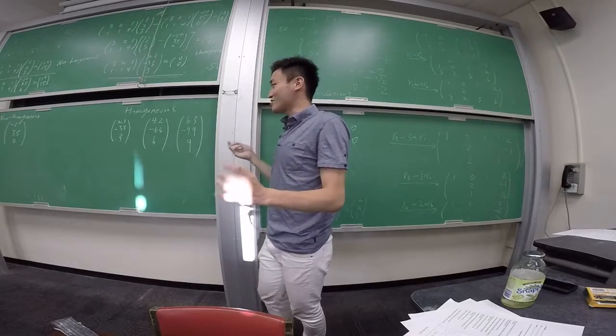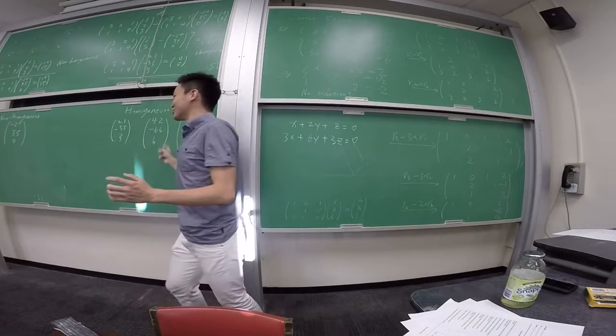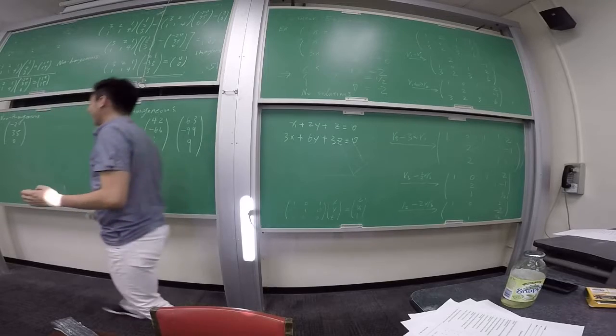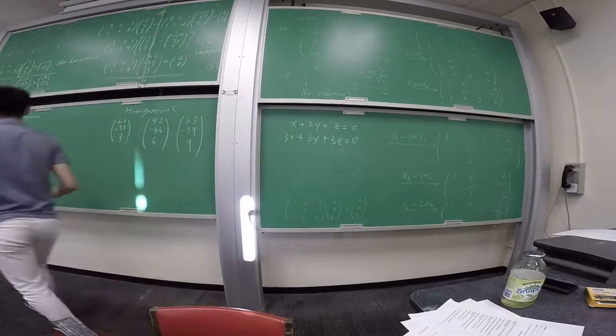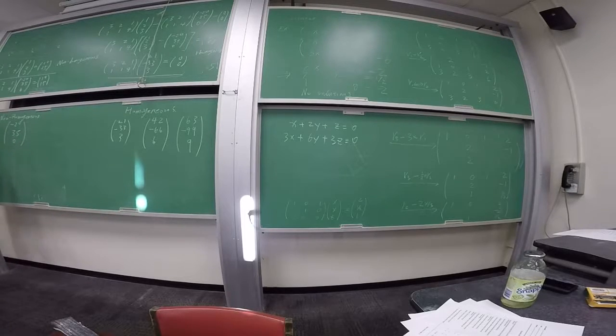And if you add each one of them to the original one you observed, you will finally get many solutions of these non-homogeneous equations. So for this one, it's 1, 2, 3, right? And for that one, if you add it up, it will be 22, negative 31, and 6.